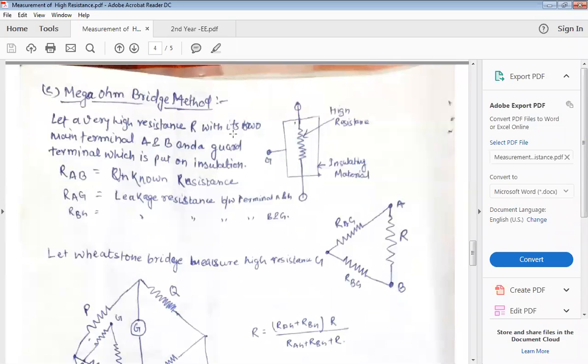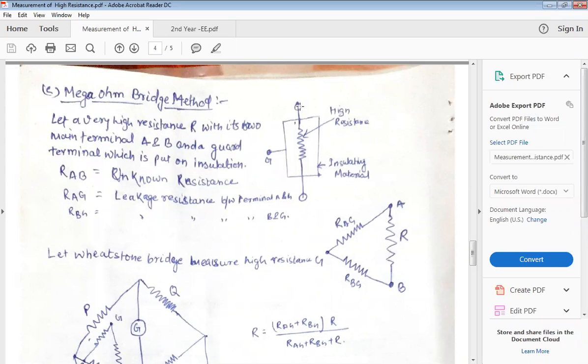So the third one is the mega ohm bridge method. The mega ohm bridge method is just a modification of the Wheatstone bridge for the measurement of high resistance. Suppose there is one high resistance R that you have to measure, and there is an insulating material used as a cable for this resistance.